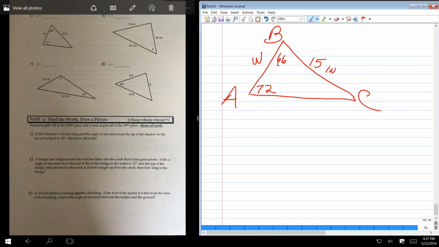Every one of these problems, they've given you 3 pieces of information, and they ask for a 4th, but asking for a 4th is like solving the whole triangle. But in this first problem, we have an angle and an opposite side, so always use the law of sines if you can.